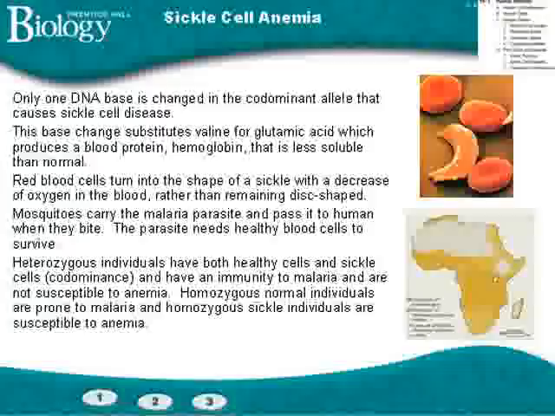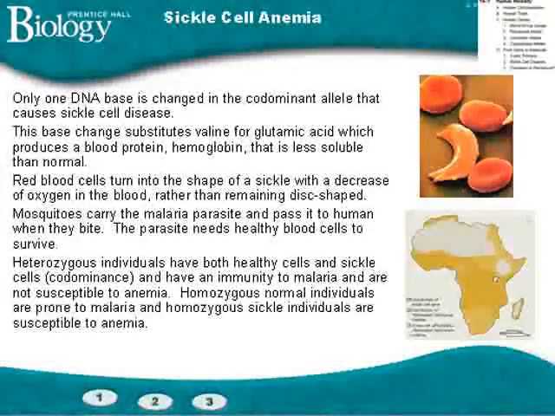A person who is homozygous normal, though, doesn't have the sickling ability, and as a result, they are prone to malaria. And a person who is homozygous with the sickle alleles is immune to malaria, but that's really unimportant for them when they are susceptible to this really debilitating anemia.